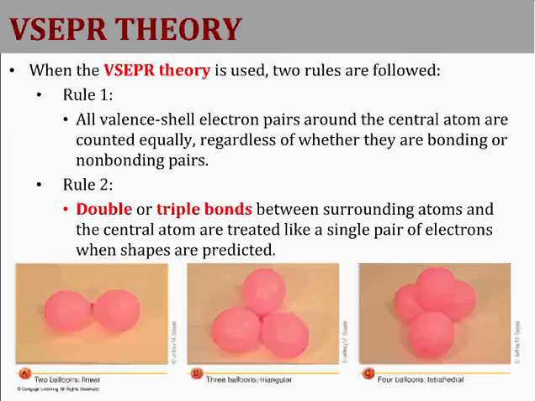All right, now there are a few rules for VSEPR theory. So rule 1, all valence shell electron pairs around the central atom are counted equally, regardless of whether they are bonding or non-bonding pairs. So remember with SO2, we had bonding atoms, which were the oxygen atoms, but then we also had a non-bonding pair of electrons, which was our lone pair.